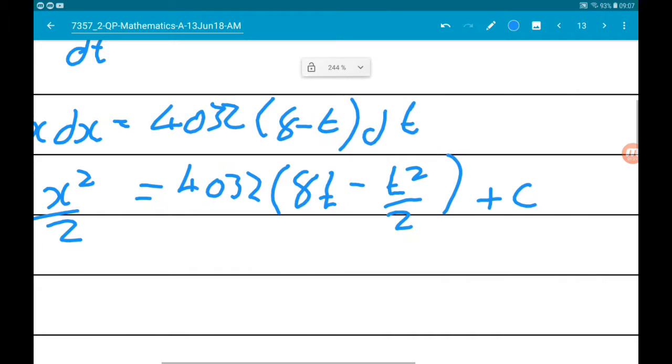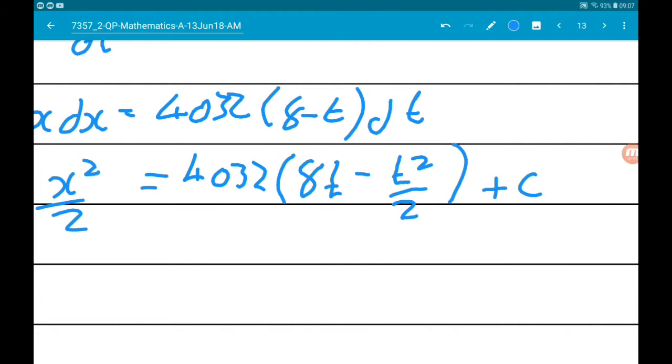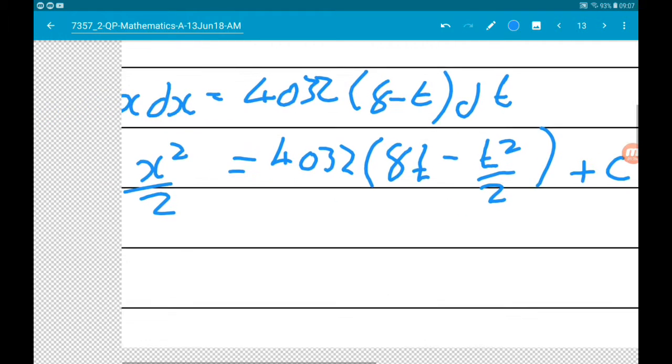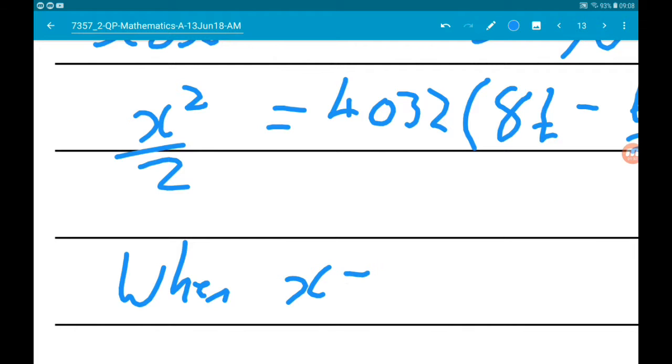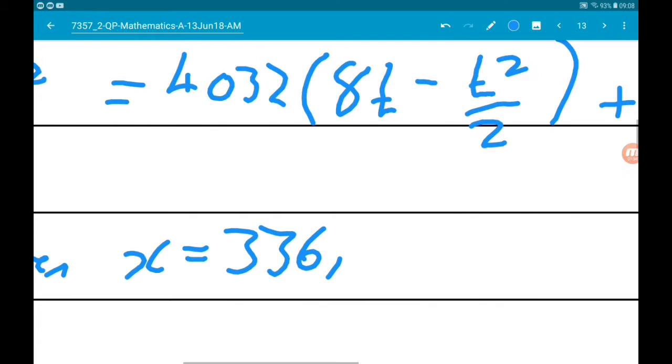So we need to find now the value of c. So we know that when x is 336, t is equal to 2.